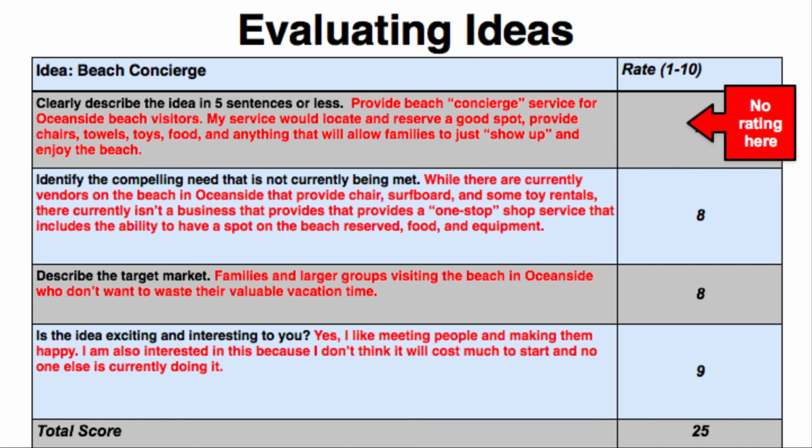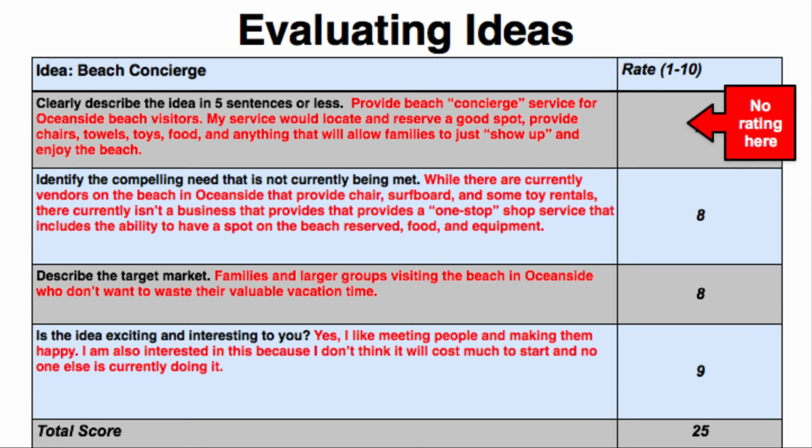When evaluating my beach concierge idea, to clearly describe it, it's going to be provide the beach concierge service for oceanside beach visitors. My service would locate and reserve a good spot, provide chairs, towels, toys, food, and anything that will allow families to just show up and enjoy the beach. You don't have to put a rating here, just as a reminder.